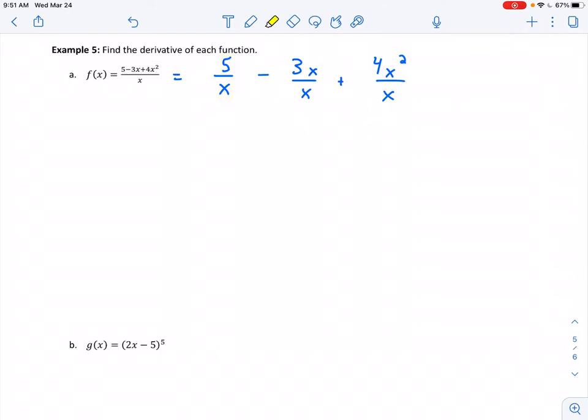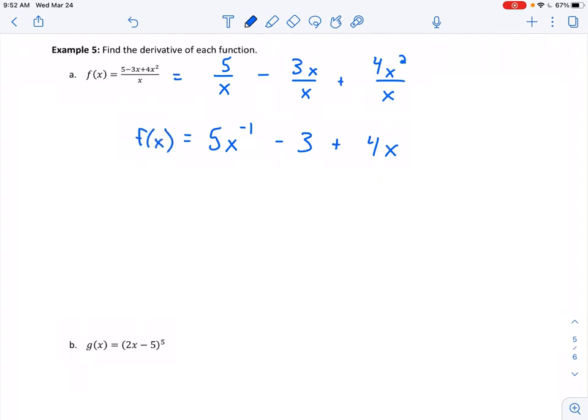So I'm going to do both of those things. First, I rewrite this term with a negative exponent, so that will look like 5x to the negative 1 power. And then for the second two terms, we can just cancel some powers of x. So 5x to the minus 1, minus 3, plus 4x. And this is still my function.